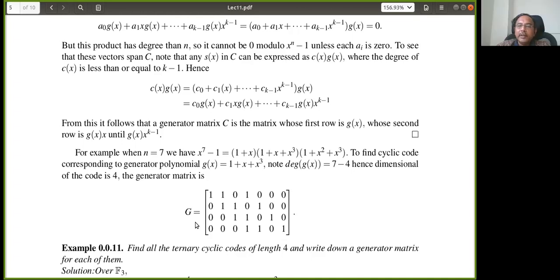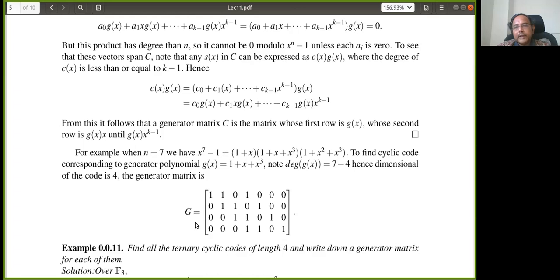But it is better to write it without multiplying out: x into g of x. Third row, x square into g of x. Fourth row, x cube into g of x. So n minus k is 3.